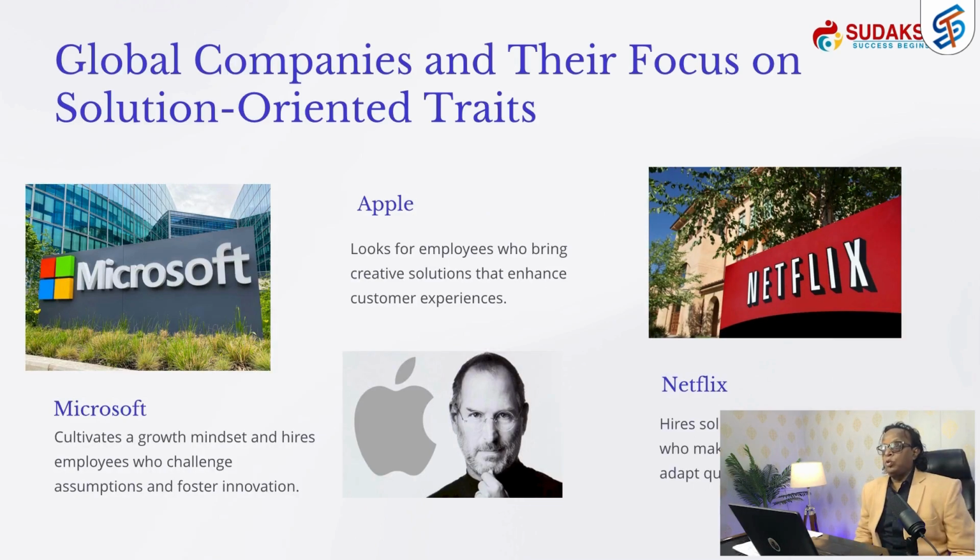Most of the global companies which you see have succeeded in their own area not only because of technical expertise. They have succeeded because they have people with a solution oriented mindset.